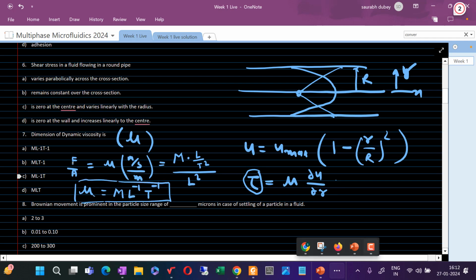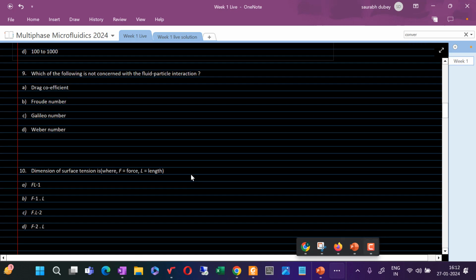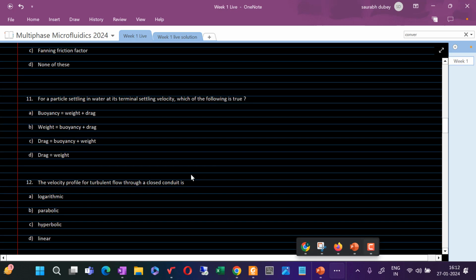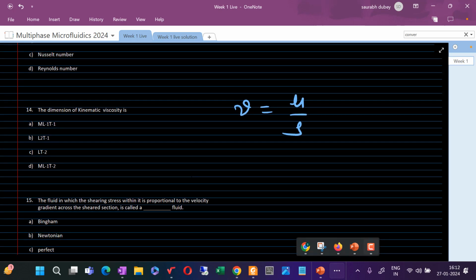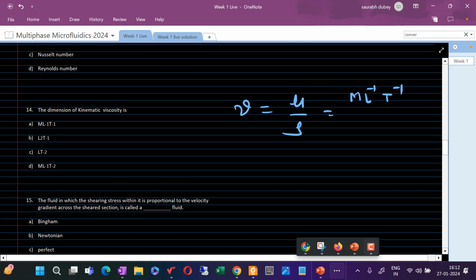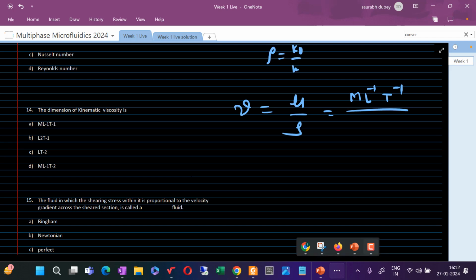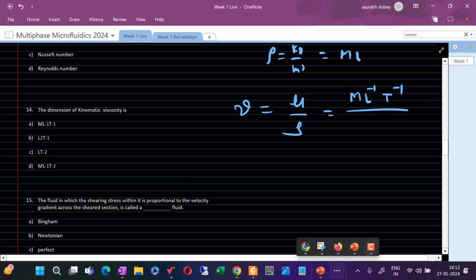Similarly for kinematic viscosity, we divide by density. So M L minus 1 T minus 1 divided by density. Density is kg per meter cube, that is M L minus 3.